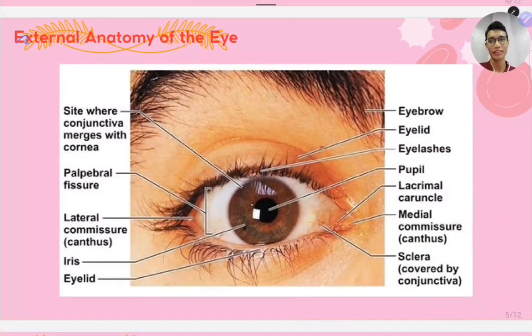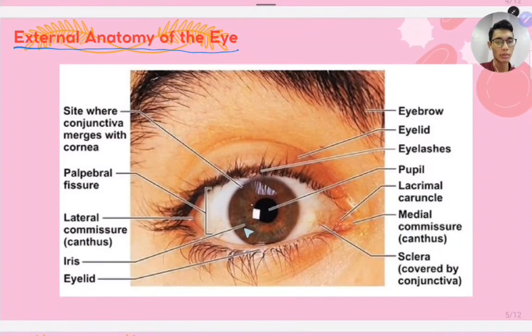Alright, so let's take a look at the external anatomy of the eye. External means what we have on the face, in the area of the eye. Starting from here, we have the eyebrow, and then the upper lid. We have the eyelashes, and the sclera, this white part, also known as the outer layer of the eye.